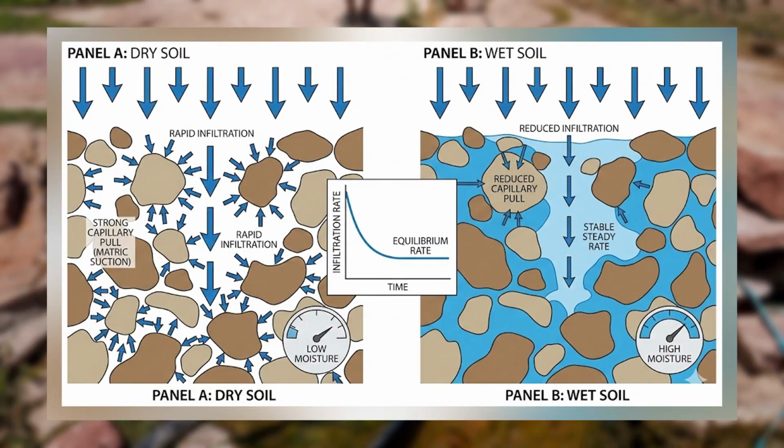For example, when the soil is dry, it acts like a thirsty sponge. Capillary forces help pull the water in, so infiltration is fast. As the soil gets wetter, it cannot absorb water as quickly, so the rate drops until it reaches a steady equilibrium rate.